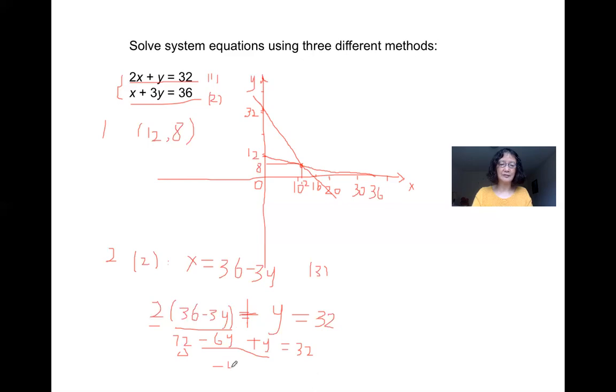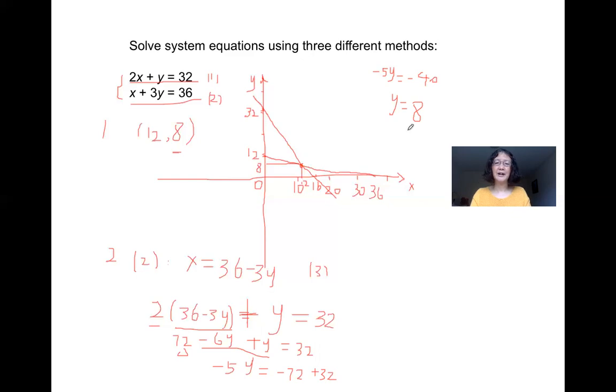You have negative 5y equal to negative 72 plus 32, so negative 5y equal to negative 40. So y equal to negative 40 divided by negative 5, which is 8. The same as we got from the graphical method.